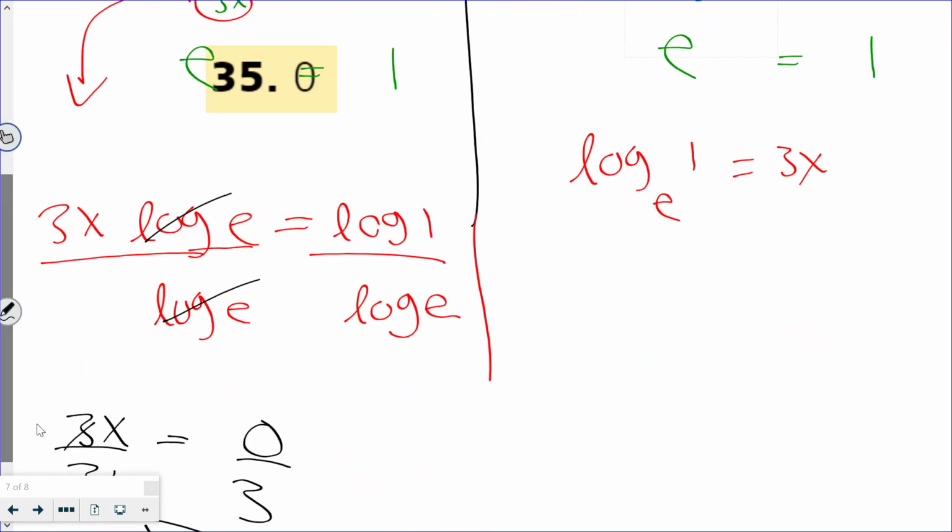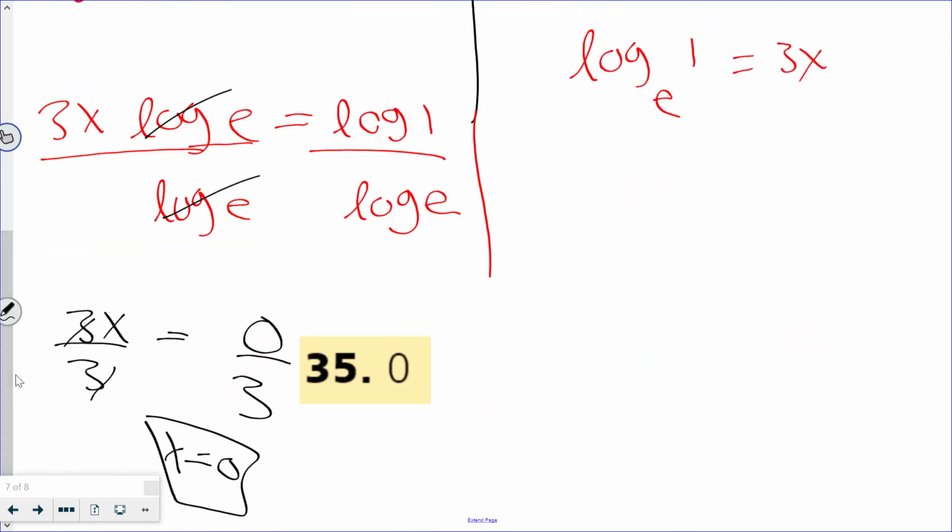But now let's do it the other way. Any questions about this way right here? All right. So let's do it this way. So Juliet, I'm glad you brought that up. So now we have log base e of 1. Log base e is the same as what? Ln. So instead of writing log base e of 1, we could just write ln 1.